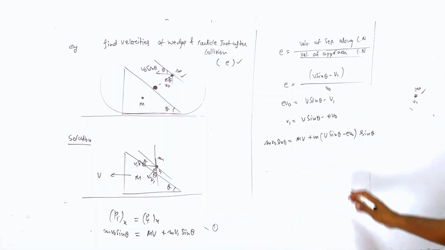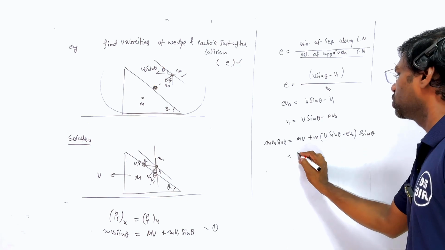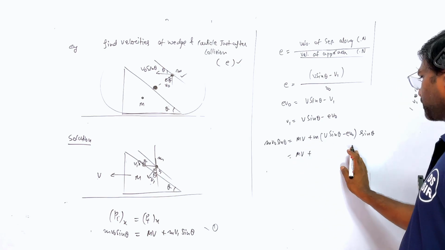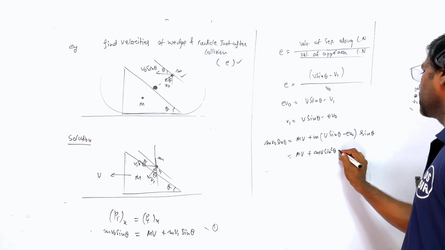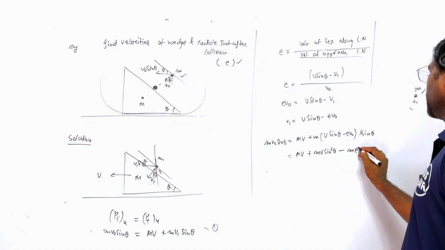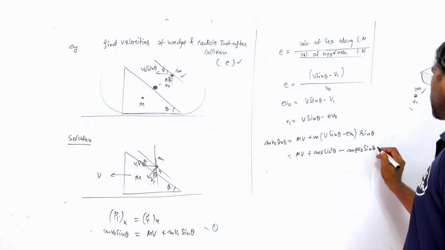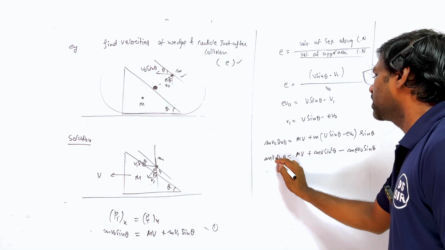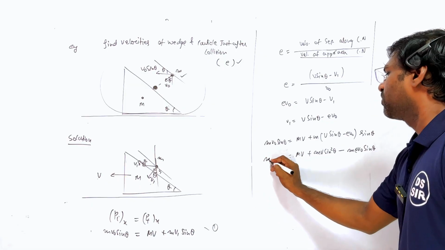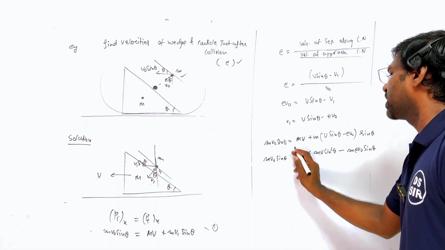Is it clear? So this is m V sine square theta minus m e v naught sine theta. So m v naught sine theta.